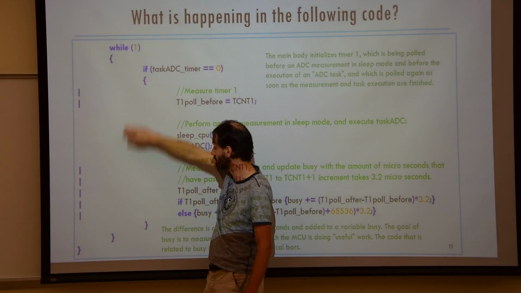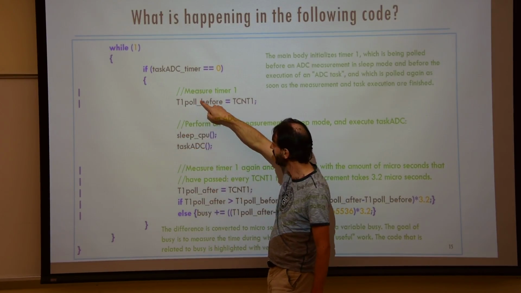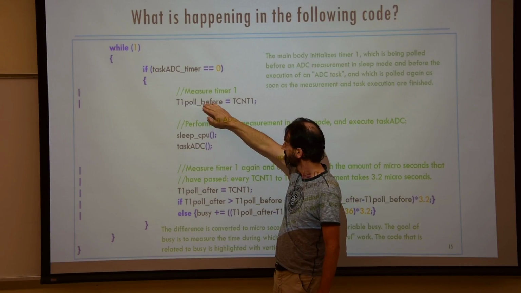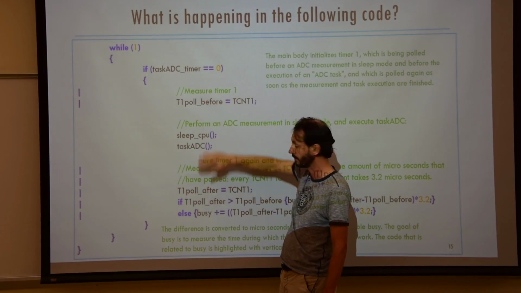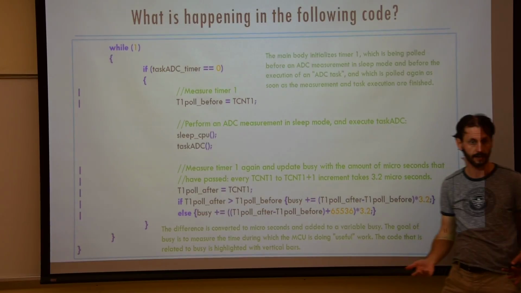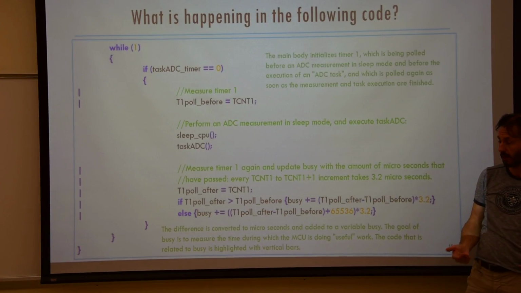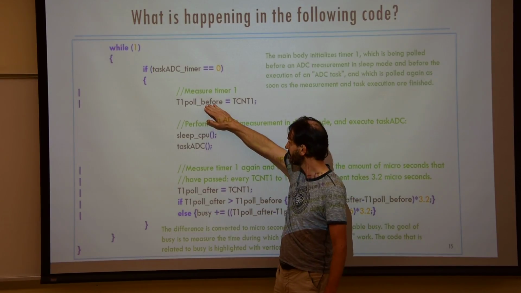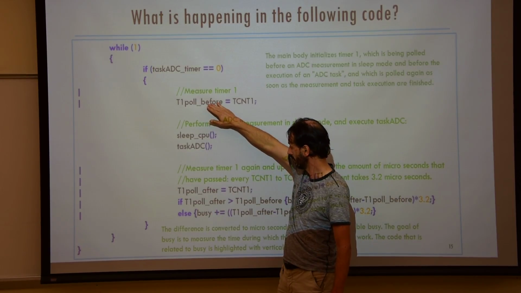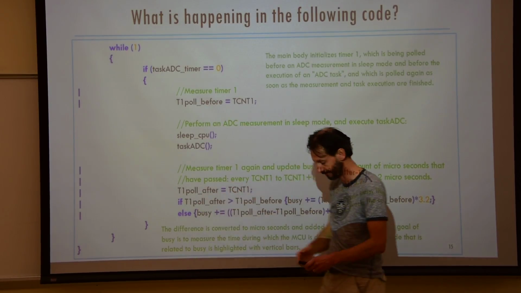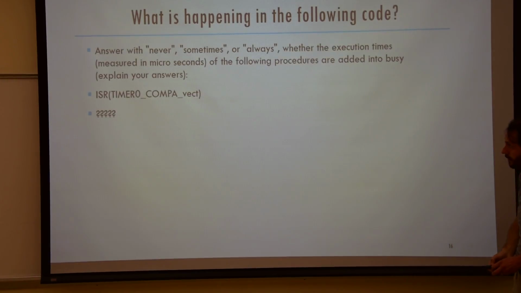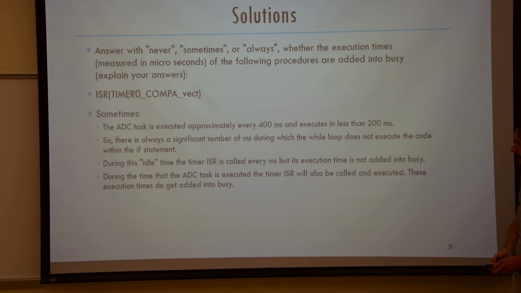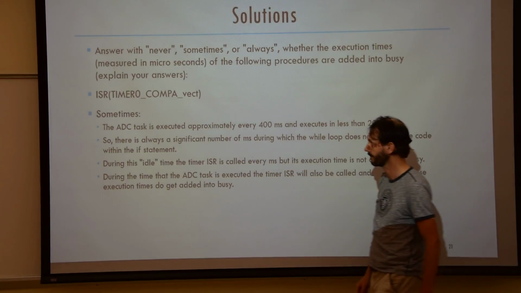So at that point you just go through these iterations, but you never go in this main body. So during that time you execute ISR timer 0, but those executions are not included in the time measurements from here to here. So that's the reason why we say sometimes.